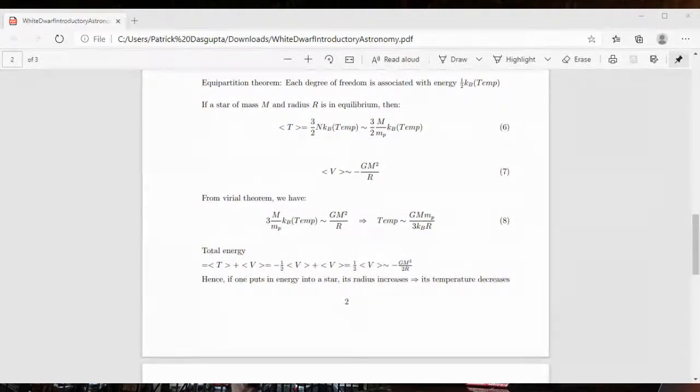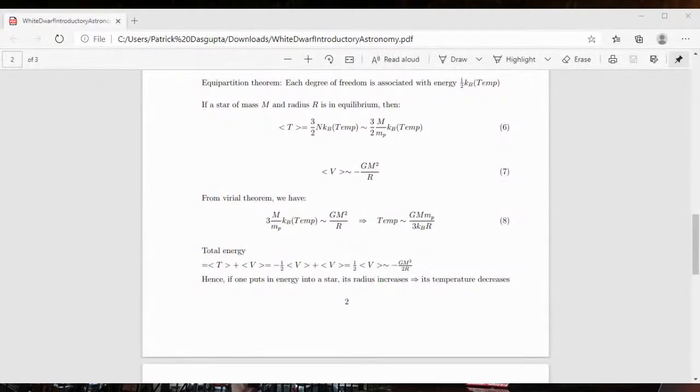Why? Because for a sun-like star, again you can use the virial theorem. In the expressions I have written down, you can see the temperature is directly proportional to mass and inversely proportional to R. So if the mass of the star becomes larger, the temperature can be larger.